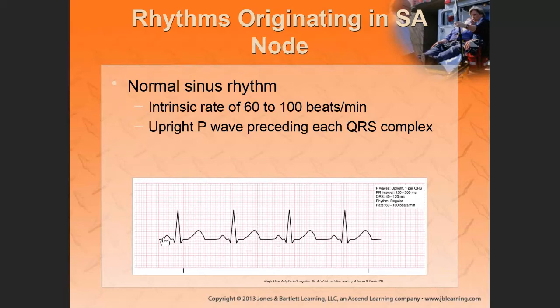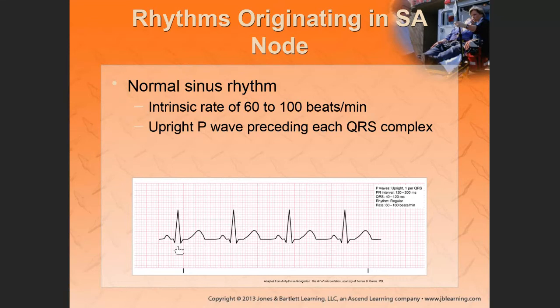So is there a P wave? Is it consistent throughout the strip? Yes. Is there a PR segment? Is it consistent? Yes. Is there a QRS complex? Is it consistent? Yes. Is there a ST segment? Is it consistent? Is there a T wave? Is it consistent? So look for your waveforms.